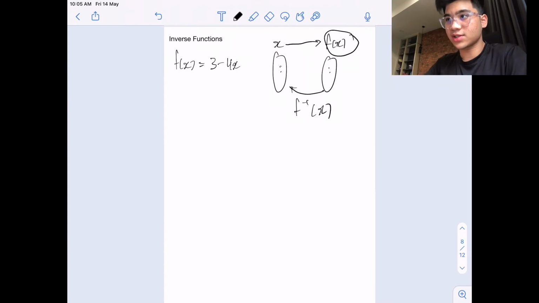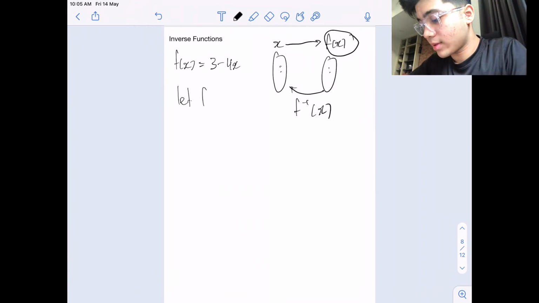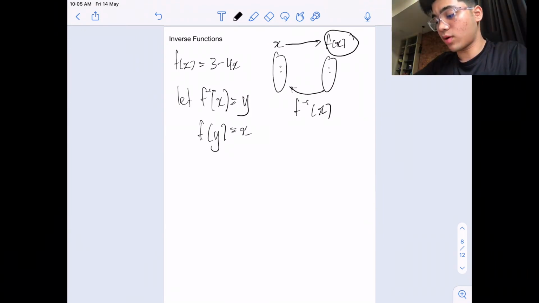Basically, inverse functions are the opposite of functions. Instead of going from object to image, it's going back from image to object. So how do we find the inverse function of f(x)? We start by letting the inverse function become y, and then you can manipulate this to become f(y) equals x.